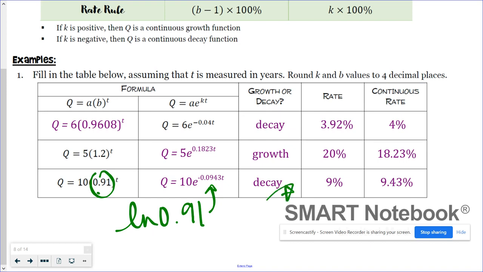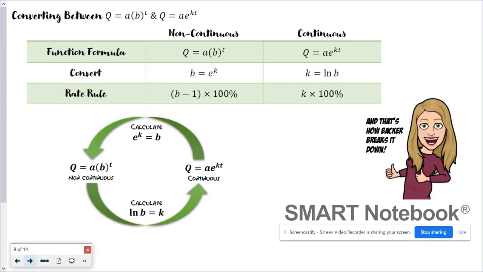The rate, and we're talking the non-continuous rate, is 9% because you go base minus 1 times 100. And then your continuous rate is your k value times 100. And so that's how you convert from the non-continuous discrete exponential function to the continuous base e exponential function.